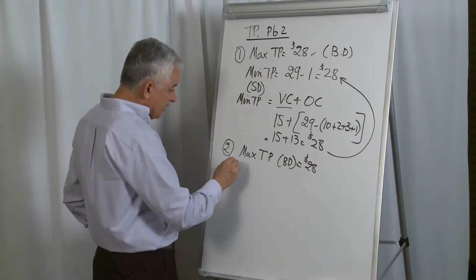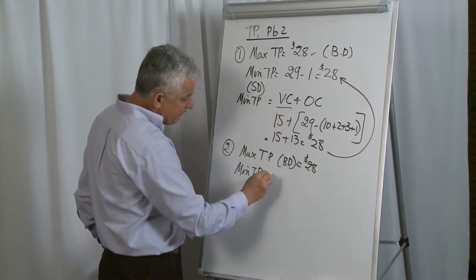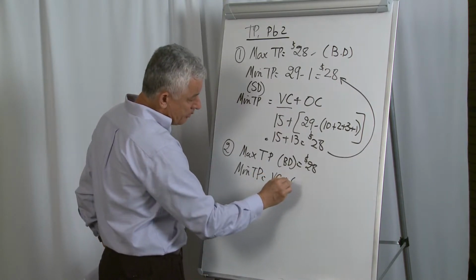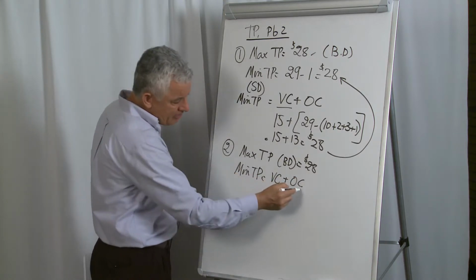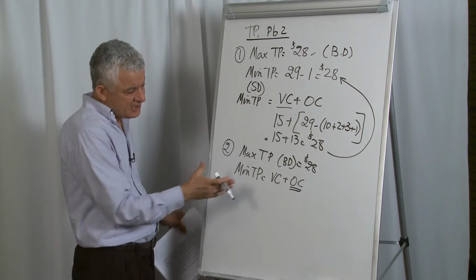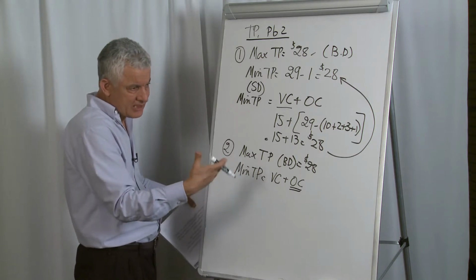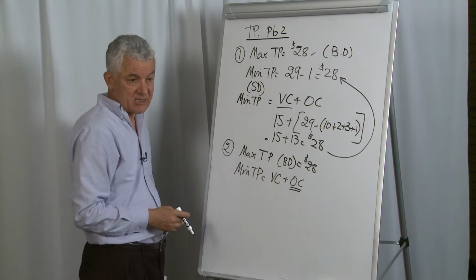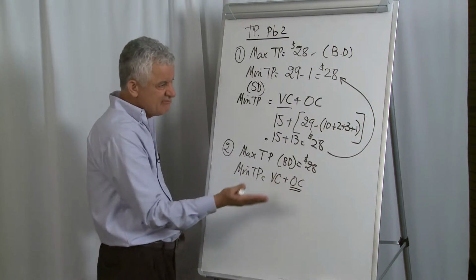So what is the minimum transfer price? Applying the formula, it is variable cost plus opportunity cost. In this scenario, do we have an opportunity cost? No, because if we don't deal with our sister division, then our capacity remains idle.